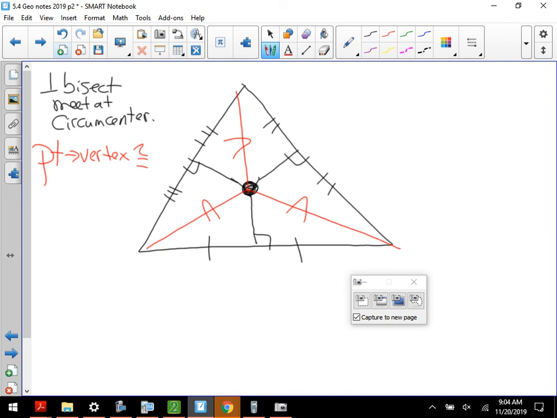This is how you're going to be able to distinguish what you're working with, because you have to know which one you're looking at. The incenter was the angle bisectors.